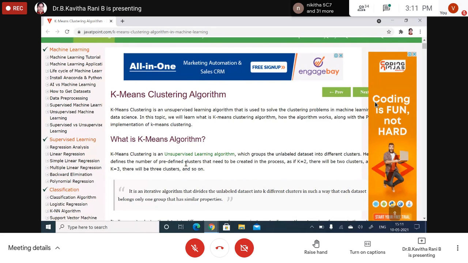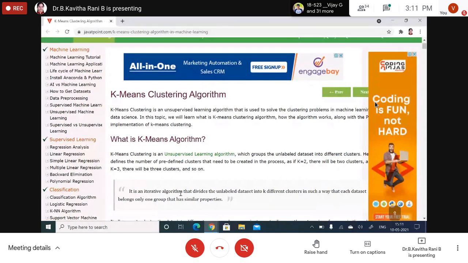In your class, you are having 73 students, and you have to group into two, boys and girls. That is k is equal to 2. In that way, we have to mention the k value, how many clusters we want to group. If you want to use k is equal to 2, that is 2 clusters. K is equal to 3, that is 3 clusters. So likewise.